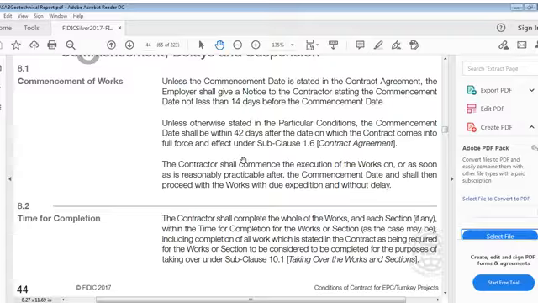Every project has certain dates, and those dates are necessary, essential. Not because the clause says that, not because FIDIC says that, but because it's common sense that your project should start and it should finish.